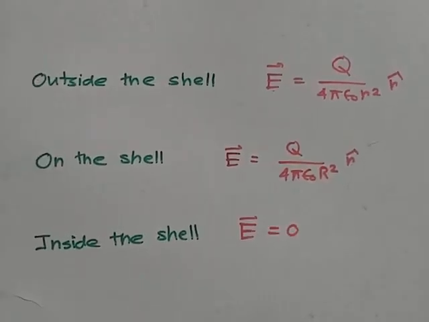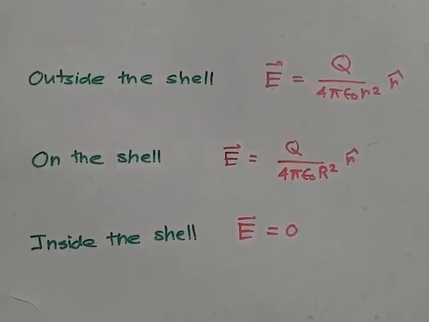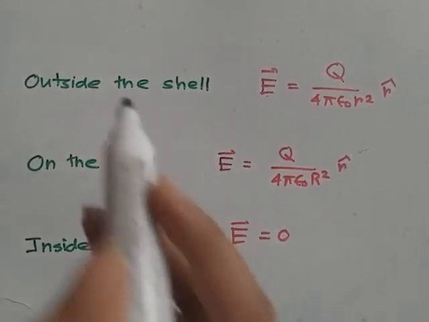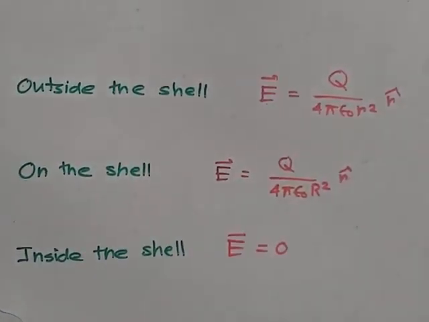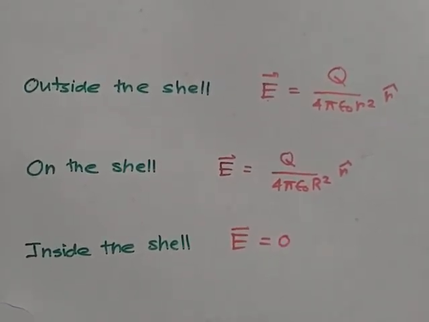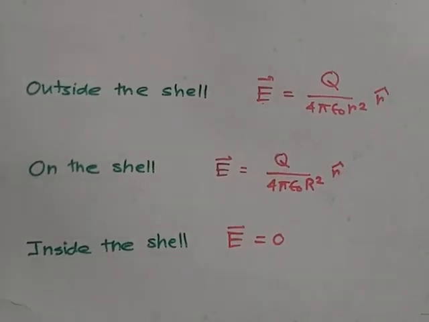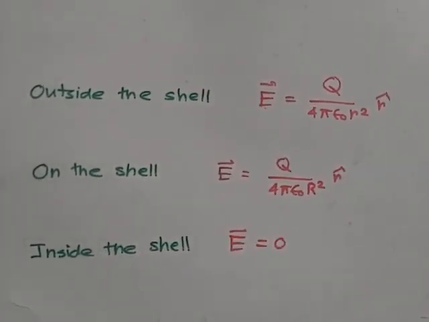So in our video today, we have found the electric field intensity for a thin spherical shell. When the point is outside the shell, the expression is E is equal to Q by 4 pi epsilon naught small r square into R cap, where small r is the distance of the point from the center of the shell.